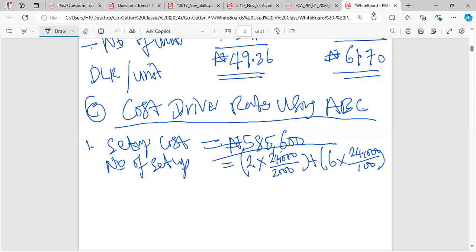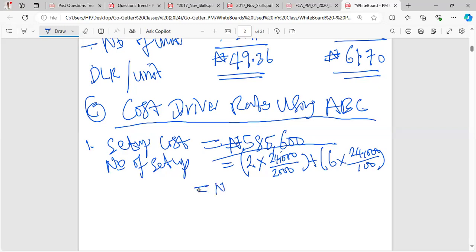Then the second one, if it is 100 in a crate and I have 24,000, if I were to arrange them 100, 100, I'm going to get 240 crates. So that's it. So now let's calculate, let's finalize this.